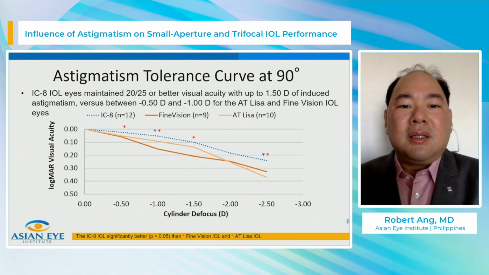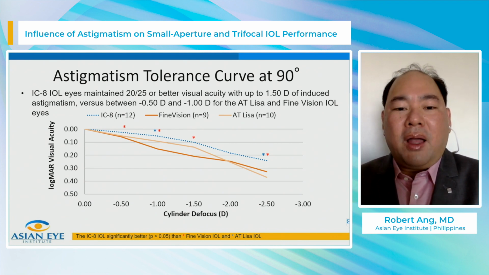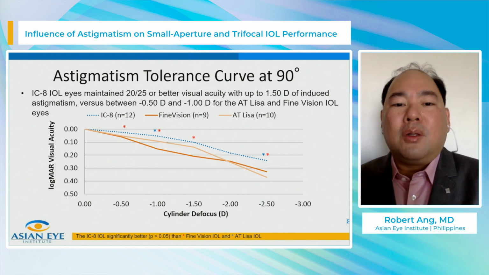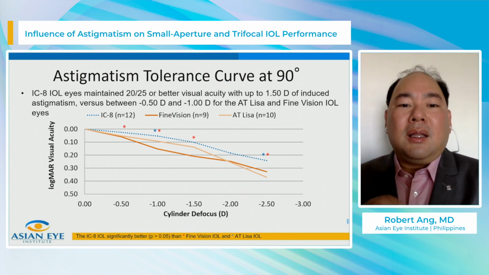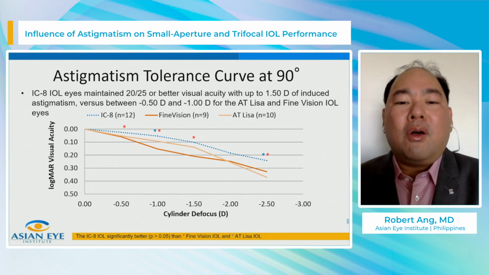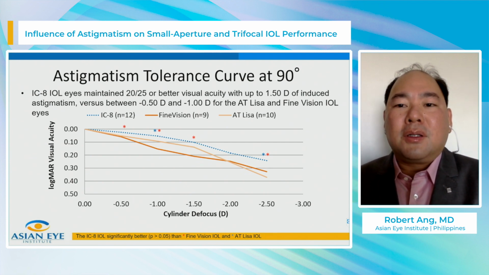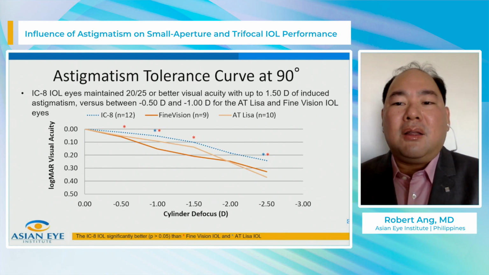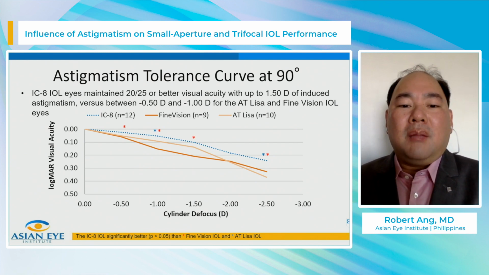The asterisks symbolize statistically significant differences. All three IOLs degrade at 0.5 and at one cylinder, 1.5, and so forth. But you see also that the IC8 retains 0.01 logMAR or 20/25 all the way up to 1.5 diopters of induced cylinder. So it means that it has a tolerance up to 1.5 diopter cylinder, whereas in the FineVision and LISA trifocal, at 0.5 and 1 diopter, they already degrade by more than 20/25 vision.